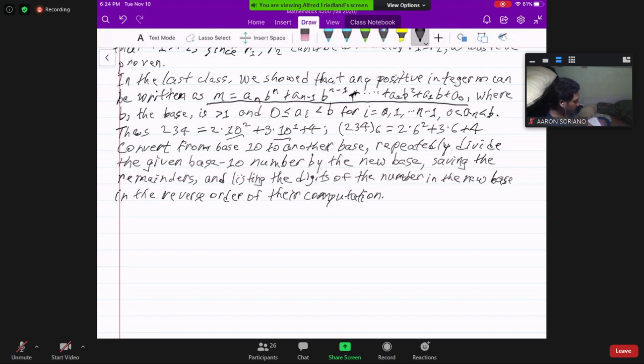And in fact, the first one, the a sub n, would be strictly greater than 0. Otherwise, it wouldn't have that number of digits. You'd have a 0, as we discussed on Thursday. So what we're going to do almost next, but I want to do an example first, then we'll do it.